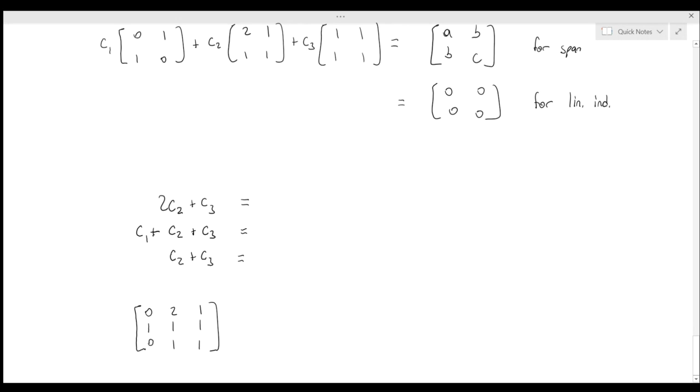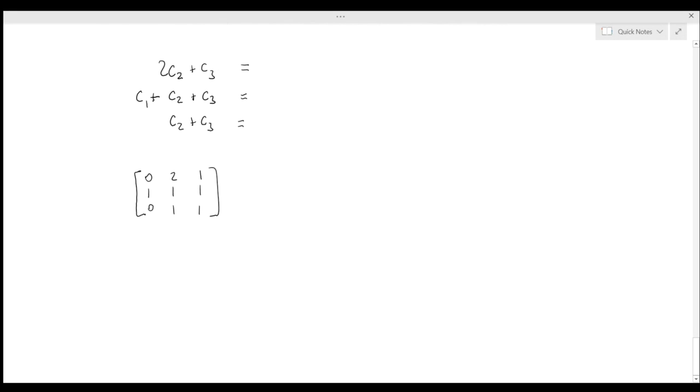So here this would be the coefficient matrix for the system of equations. And then we use the rule that we talked about earlier for span and independence. You'll know that they span if this matrix has a pivot in every row. You'll know that they're independent if this matrix has a pivot in every column instead.